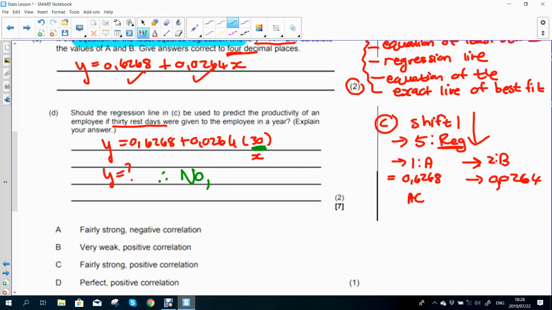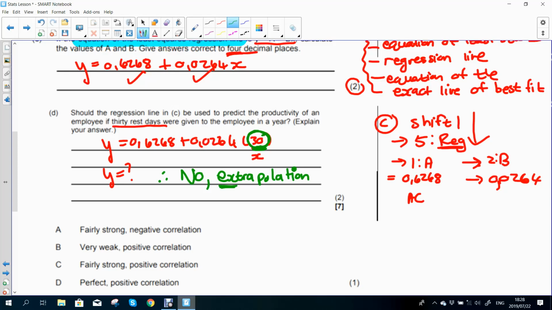And this is what we say, okay? The reason, it's very, very easy. If this 30 falls outside, we call it extrapolation. Fancy, but it's easy. Extra, outside.